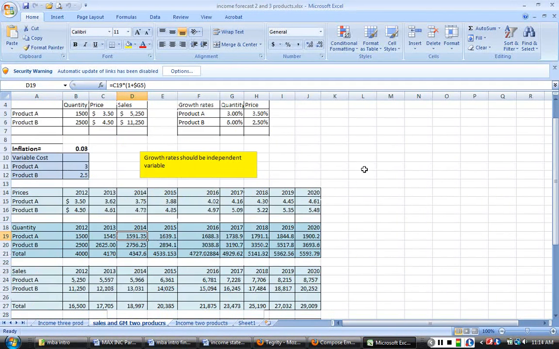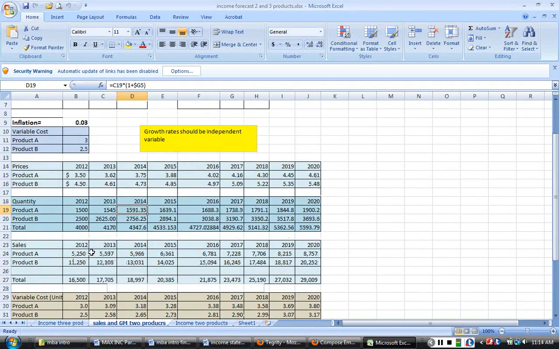Now in order to get the sales, it's price times quantity. So I would go to the price, which is right here for 2013 for product A, C15, and multiply by the quantity for product A in 2013, which is C19. So that's what the formula is, C15 and C19. That gives me this over here.